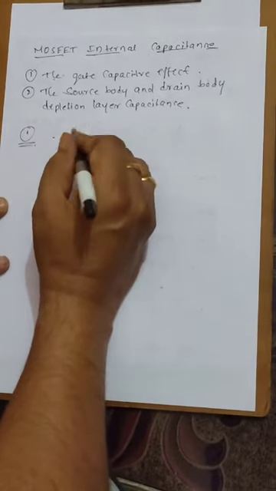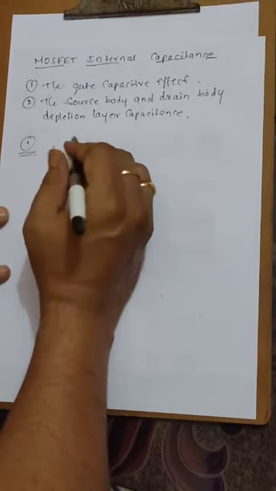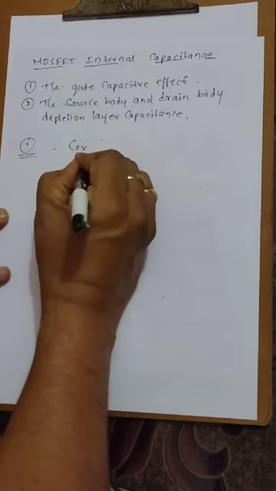Capacitance value is usually denoted per unit area as COX.